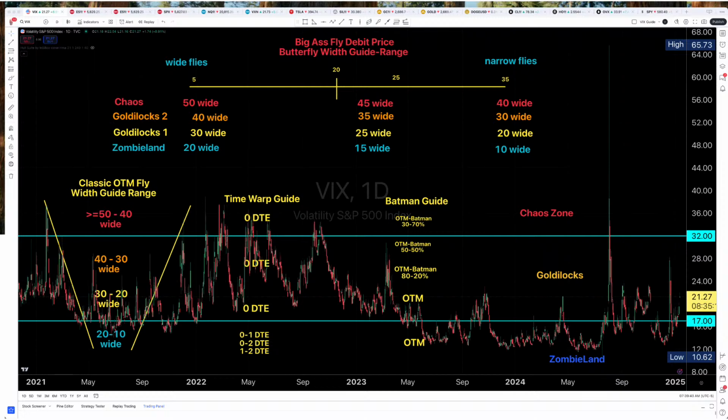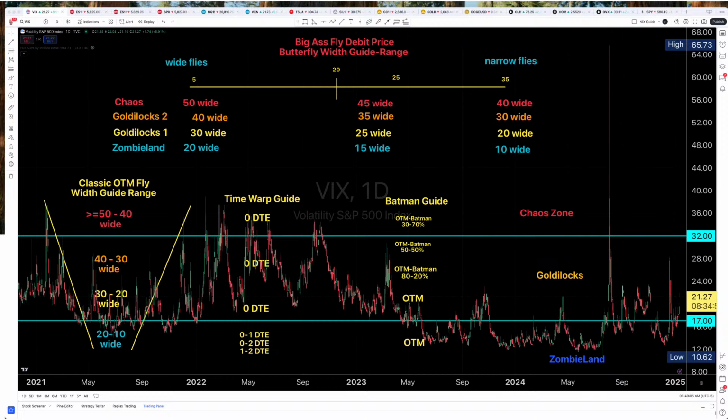So we can see right now on the VIX that this morning volatility is definitely heightened from where it was on Friday, where we left off. We're sitting right now at 21.27, and that is squarely inside of what we call the Goldilocks Zone. It's called the Goldilocks Zone because it's just right for us doing 0DTE trades.